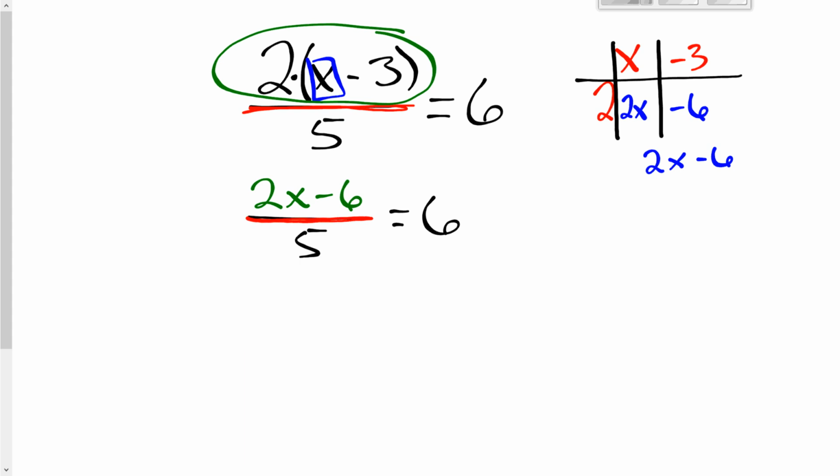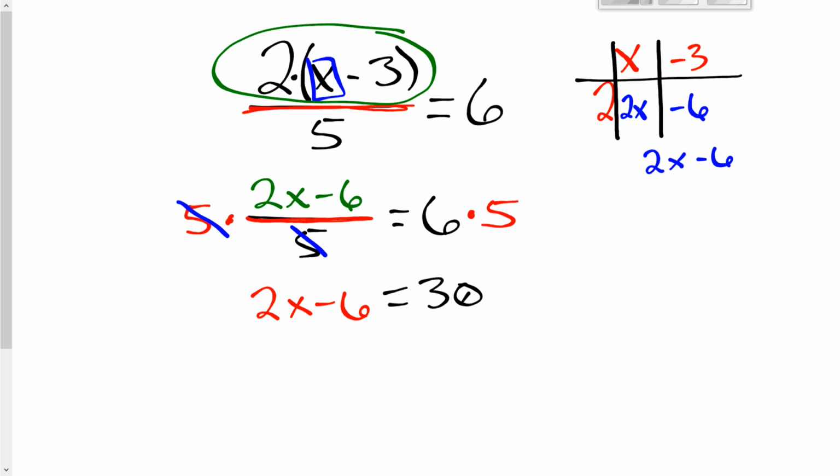That's a divide sign, so we're going to undo it by multiplying. Because this is being divided by 5, we're going to undo that by doing the inverse operation, multiply by 5. That's the multiplication property of equality. These 5's will cancel out, leaving me with 2x minus 6 equals 6 times 5 is 30.